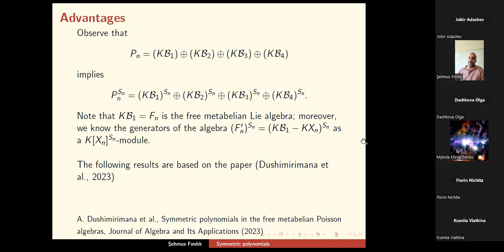So when you look for the symmetric polynomials in Pn, first we have to check whether all these vector spaces are invariant under the action of Sn, and it seems that they are, and then it is sufficient to work independently in each one. But KB1 is exactly the free metabelian algebra which was discussed in the previous part, and the second one, B2, let's go back to B2.